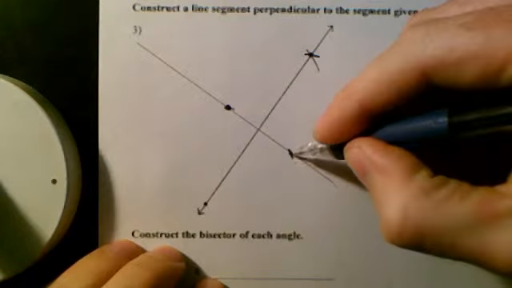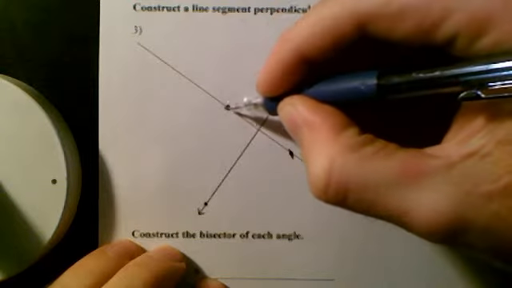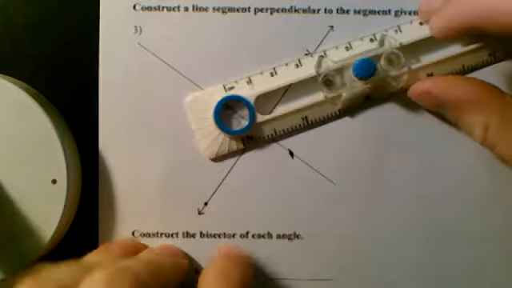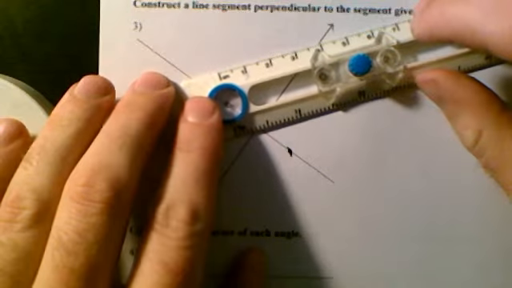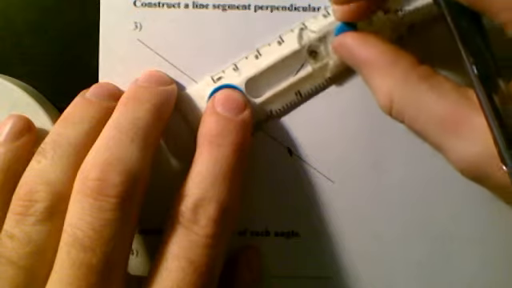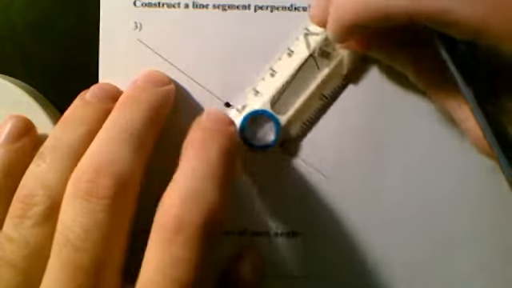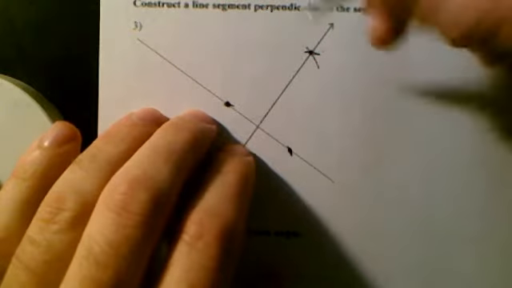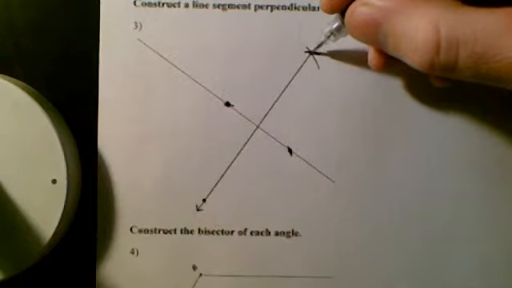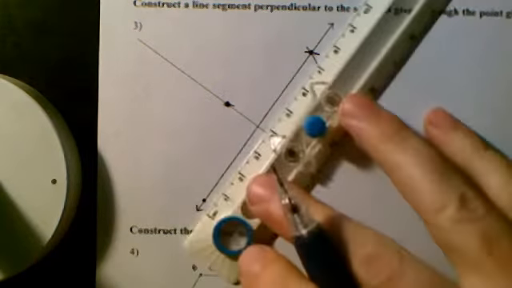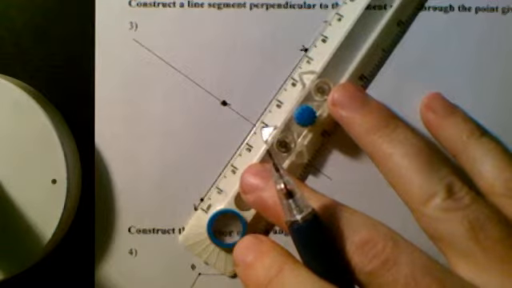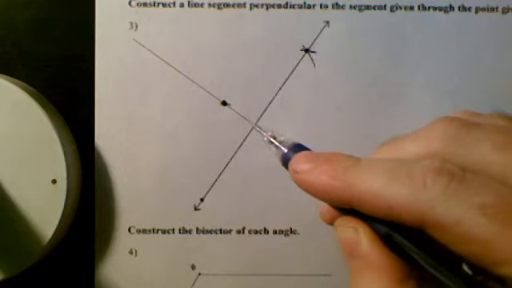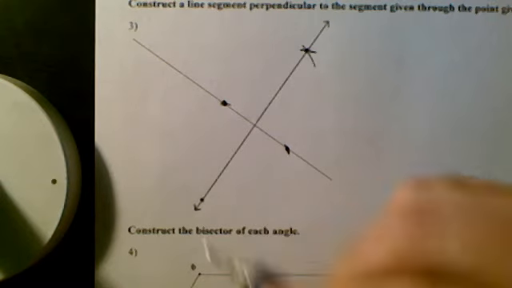After I had my two marks where the arc and the segment intersected, I made 2 points. I already had my compass locked, so it had the same distance. I made this mark up here, came over here to this side, made that mark where those two arcs intersected. I drew a point. Last but not least, I drew a line through those 2 points, and I constructed a line that's perpendicular to this original segment, and that goes through that original point.